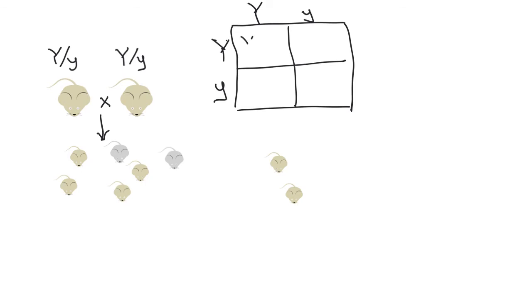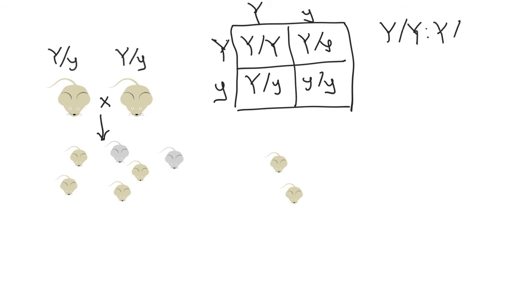So when we combine those gametes at fertilization in all possible random combinations, assuming each combination is equally likely, then we see that there are 3 different possible genotypes: homozygous capital Y, heterozygous, and homozygous lowercase y. And there are 2 different ways to get the heterozygous condition. So for every 1 homozygote, there are going to be 2 heterozygote individuals for every 1 homozygous recessive individual.